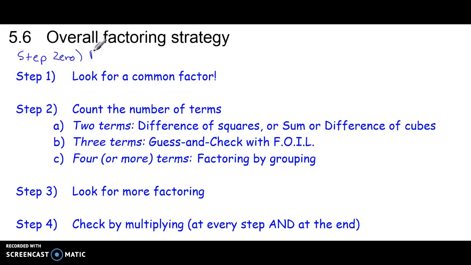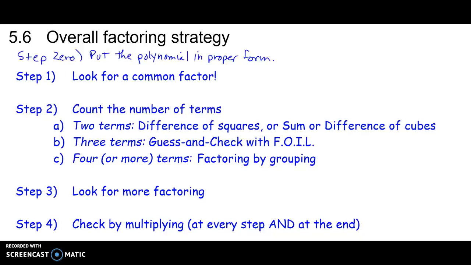In other words, put the polynomial in proper form. That might be rearranging in descending order, collecting like terms, or eliminating some redundant parentheses, but whatever it takes to put the polynomial in proper form, make sure you do that first. It'll make the rest of your work a lot easier.